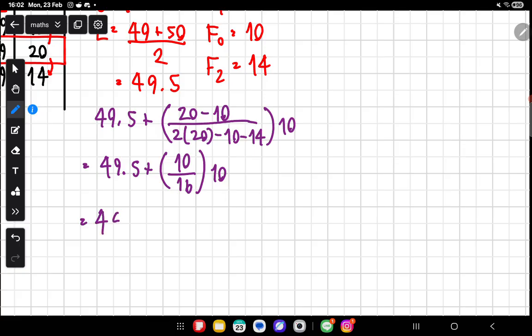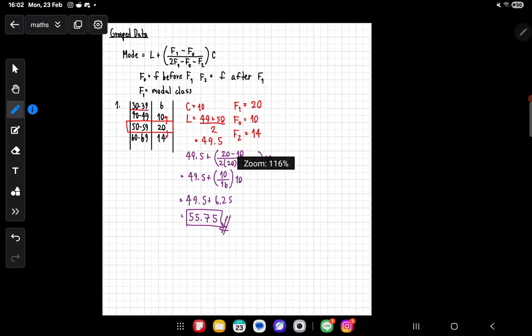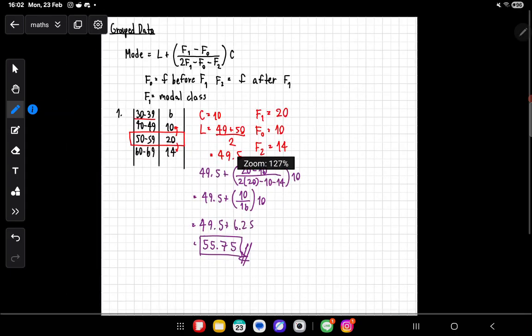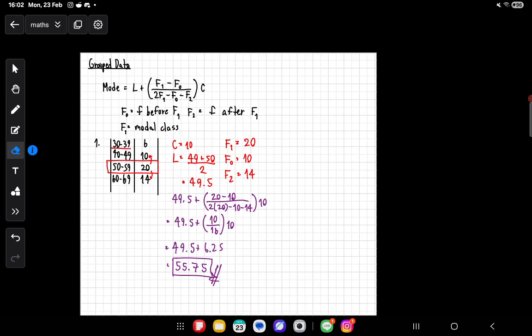So that's 49.5 plus 6.25, and it will equal 55.75. Wait, let me write that with better writing. And that is our final answer. Now, I will give you time to screenshot for this one. Got your screenshot? Let's go to example number 2.